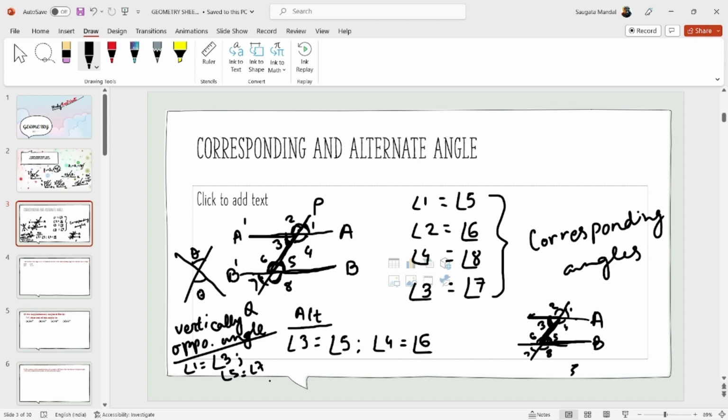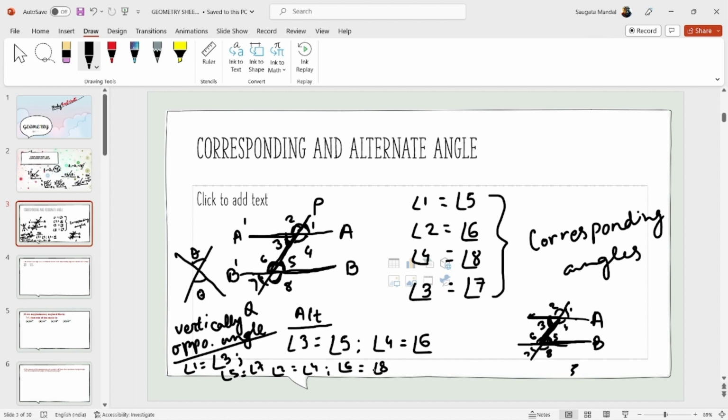In the same way, theta 2 is equal to theta 4 and theta 6 is equal to theta 8. Is it clear to all? I think it is clear to all.